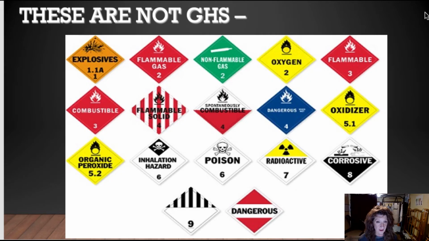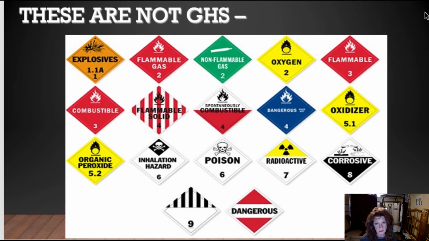These are not global harmonization system. These are Department of Transportation for transporting. They go on the back of vehicles. Now they also sometimes accompany a label, but it may not necessarily be mandatory that they do. But try to memorize these.